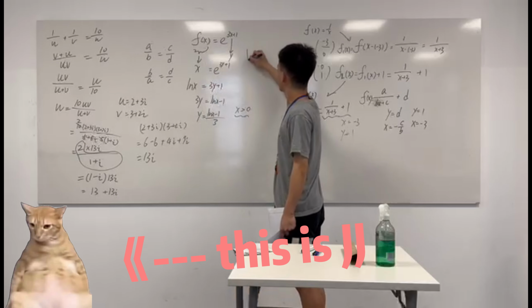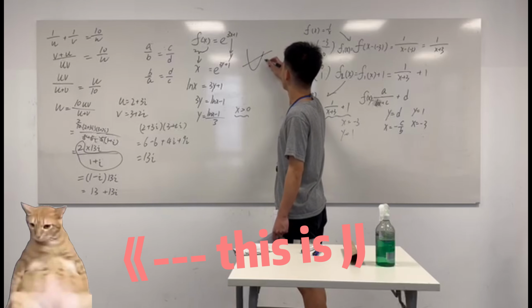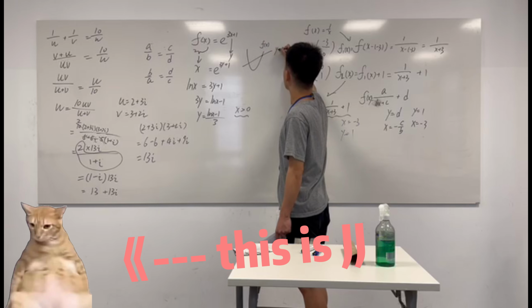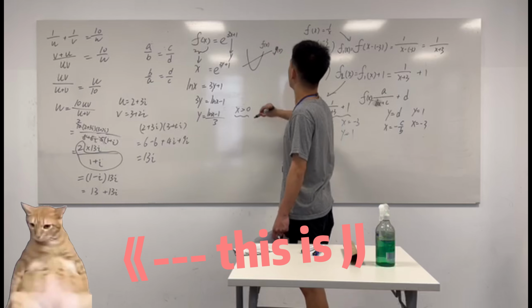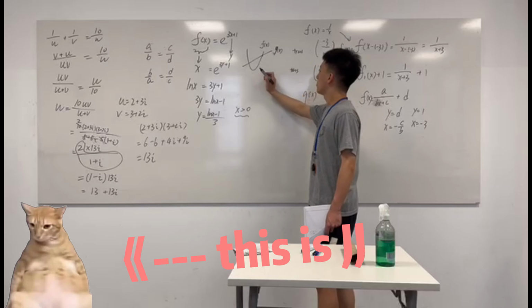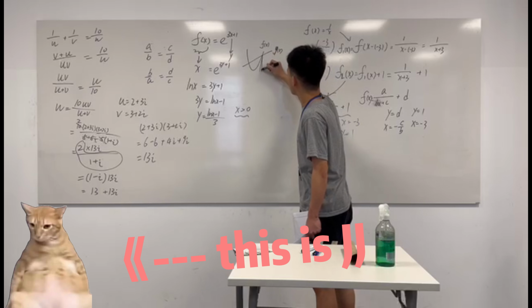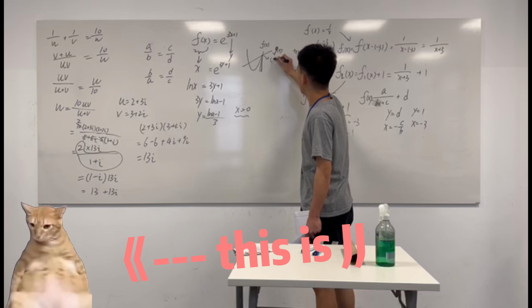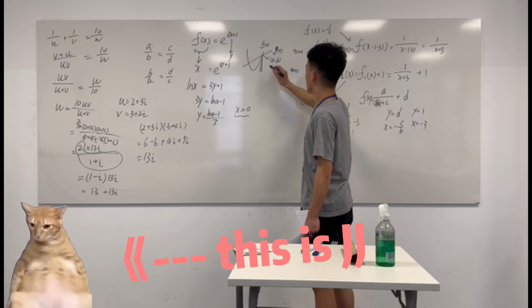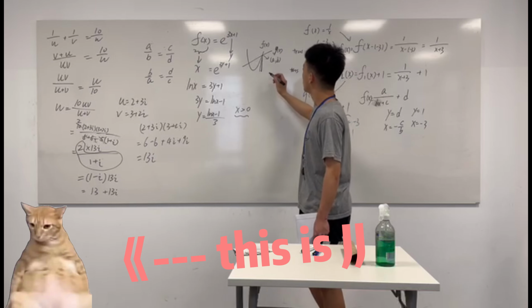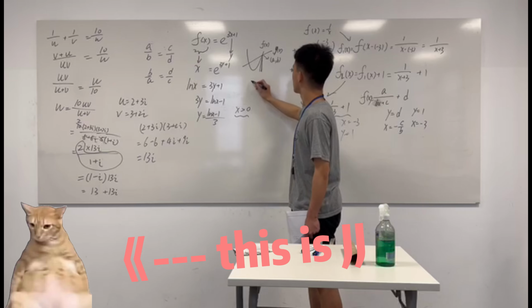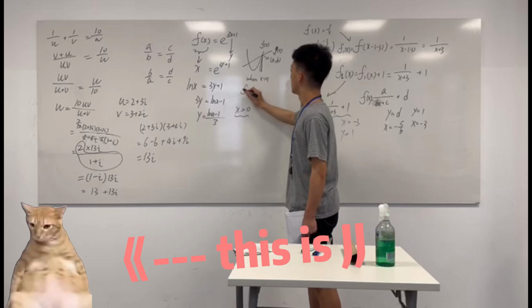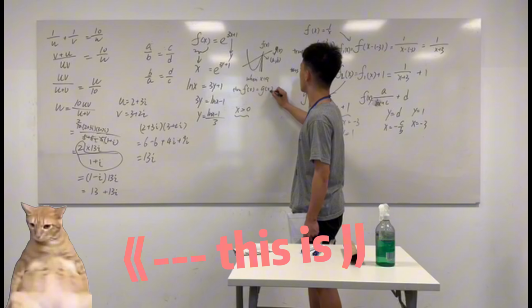So, for example, here, it is f(x), it is g(x). When two functions intersect at one point, it means, imagine that this point is (a, b), it means when x equal a, f(x) is equal to g(x) is equal to b.